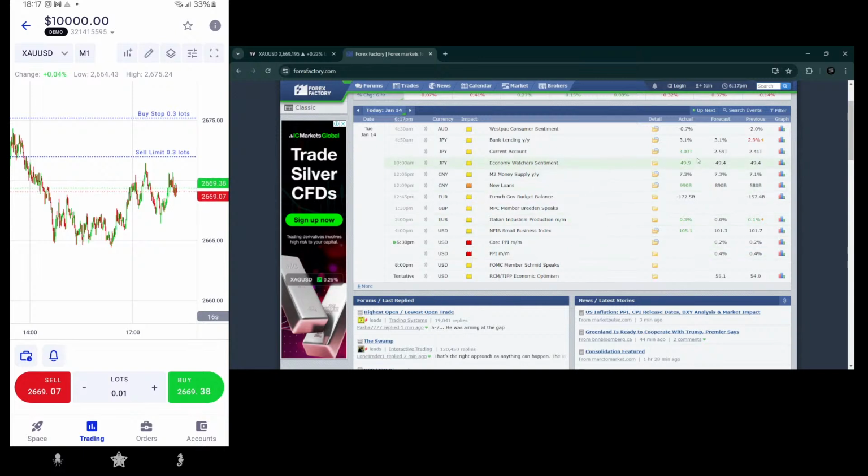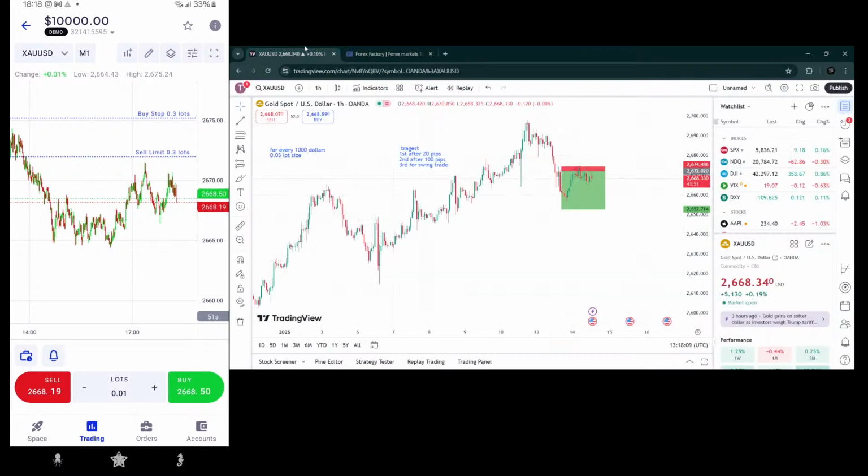The only thing is, if you see this is red and these numbers are green, these are the news of US dollars, what impacts and what decision they are making for the US dollars, and this pair is gold slash US dollar.